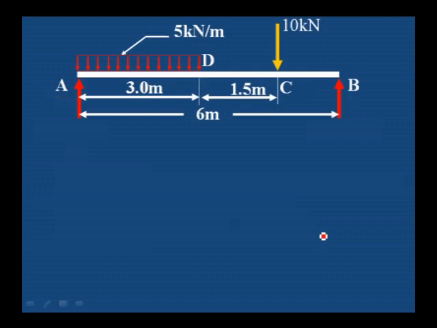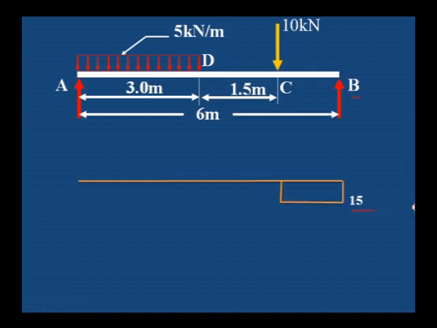Let us draw the diagrams. First we will draw the shear force diagram, afterwards the bending moment diagram. First draw the horizontal line, and then at B the shear force is 15 kilonewton, then it remains constant, and at C it is 0, and at D also 0.